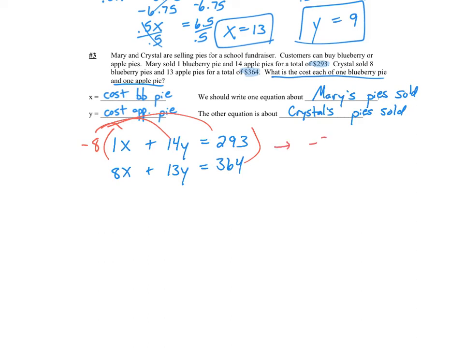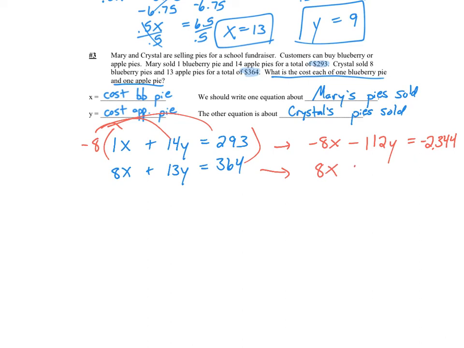We would get negative 8x minus 112y. We do that math again. 80 and 32 is 112. Equals 293 times negative 8 is negative 2344. Okay, and the second equation is going to stay the same.